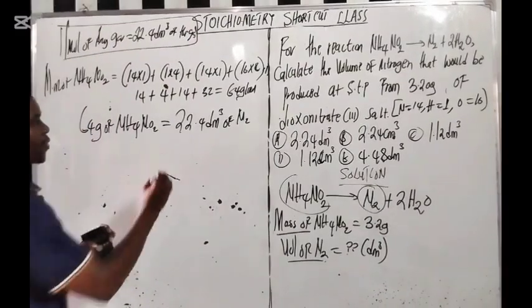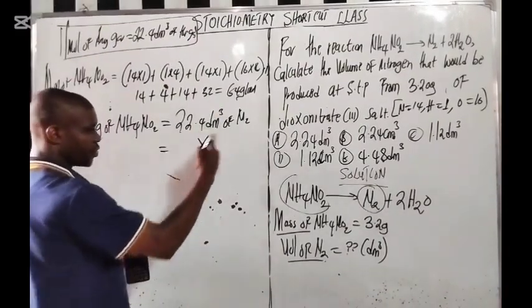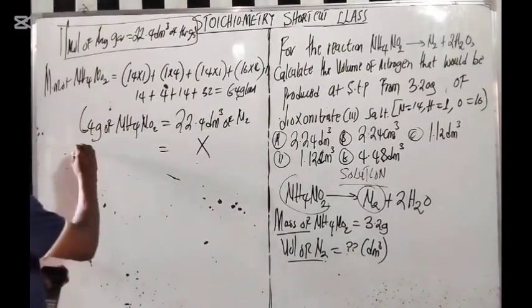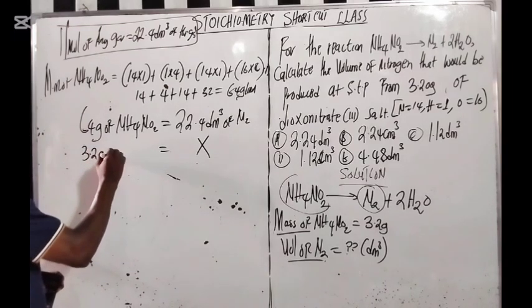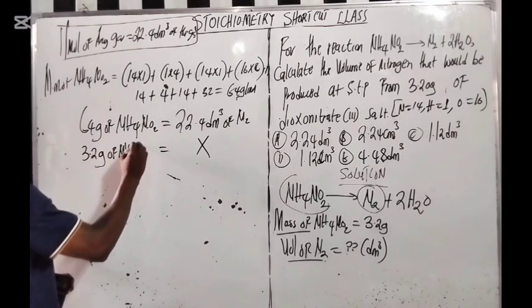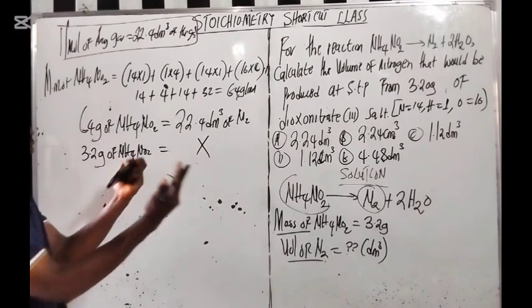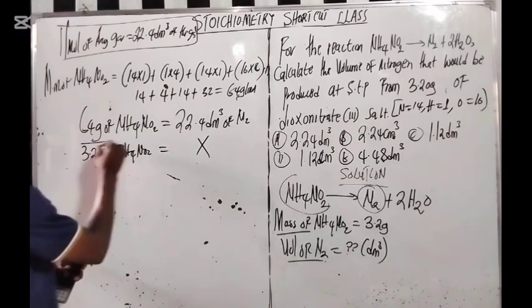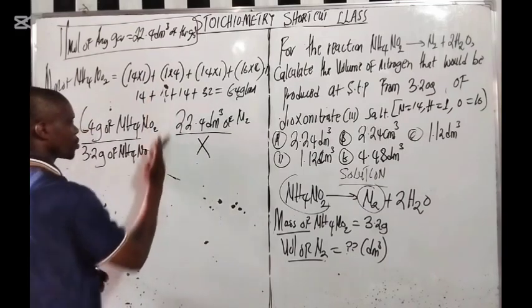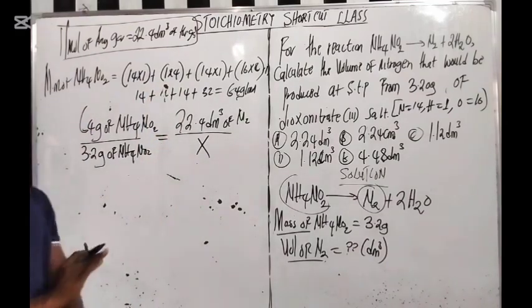If you check very well, we are looking for the volume of this gas, and they gave us 3.2 grams of NH4NO2. So you can equate the two of them together. Hope you understand. It's very easy.